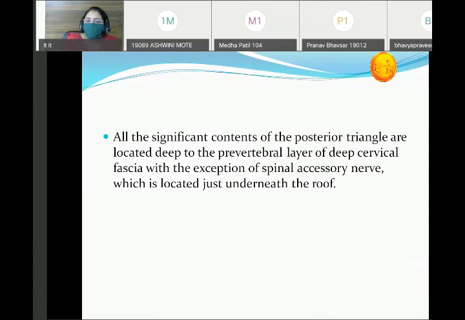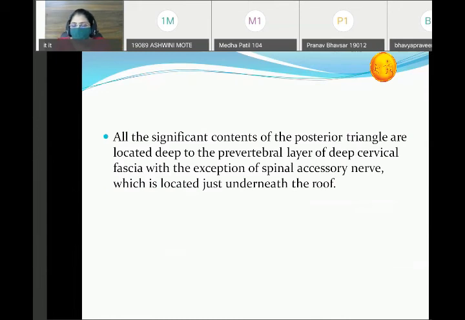So all the significant contents of the posterior triangle are located deep to the prevertebral layer of the deep cervical fascia, with one major exception, the spinal accessory nerve, which is located just beneath the roof and will be the main content of the posterior triangle.